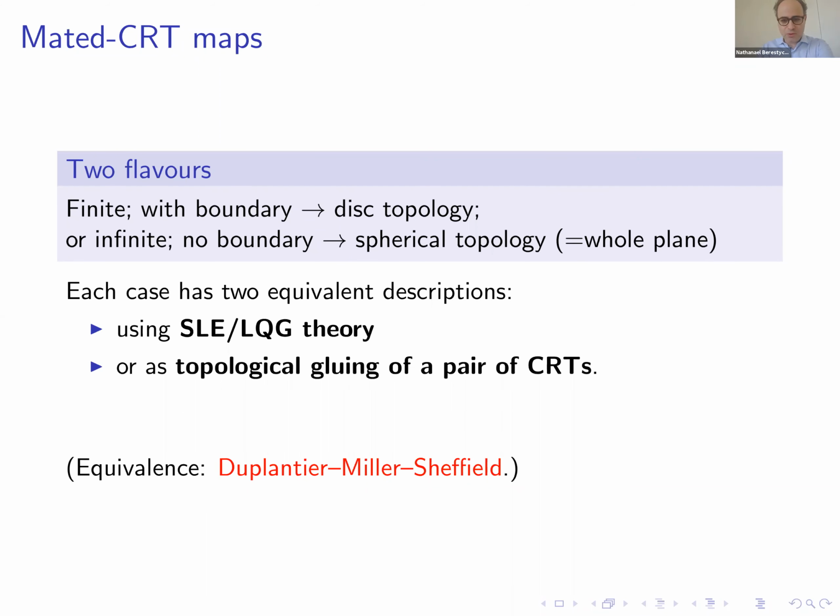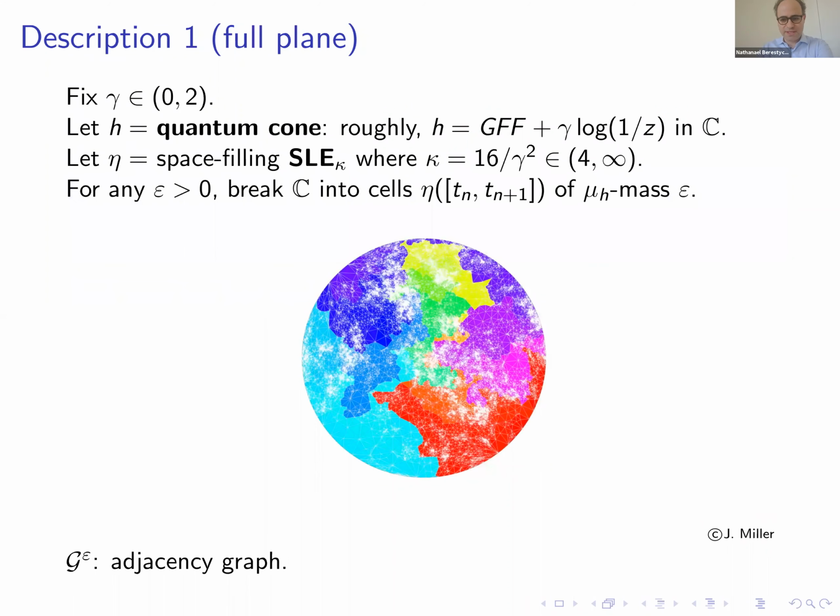Okay, so let me tell you about the first description, which has to do with SLE and LQG, Liouville quantum gravity. We're going to start by fixing a parameter gamma between 0 and 2.